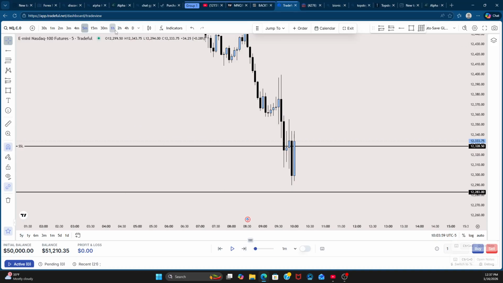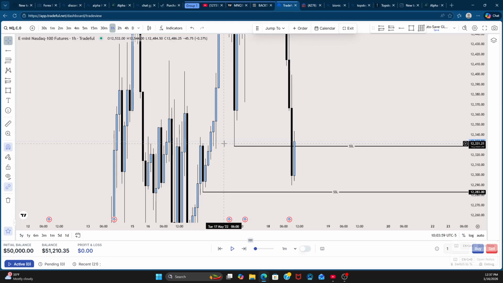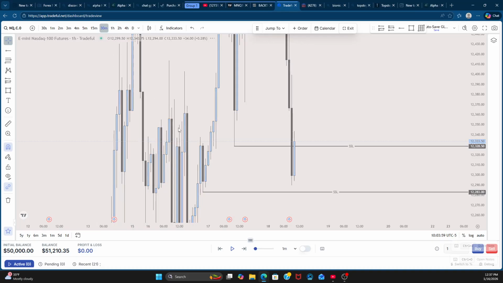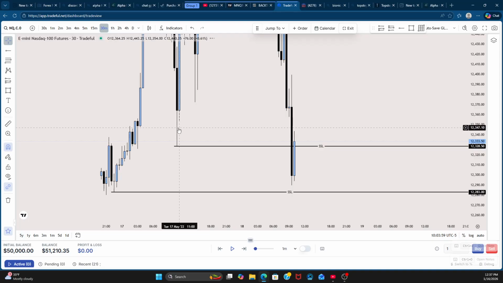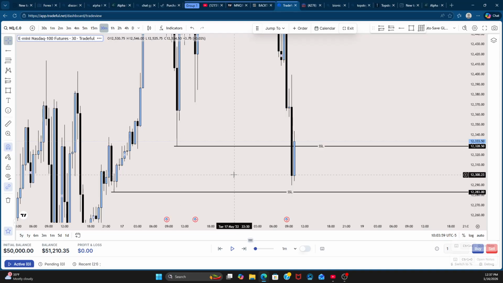Leave this behind, but we did sweep out some liquidity on the 30 minute. 30 minute gives an inversion on its gap.